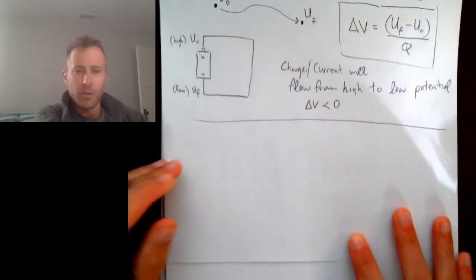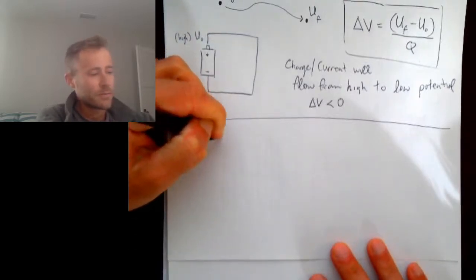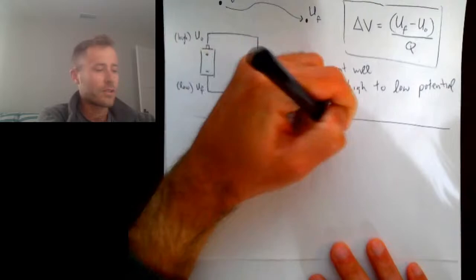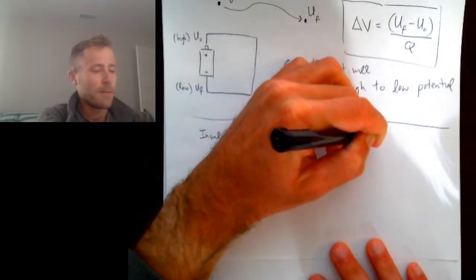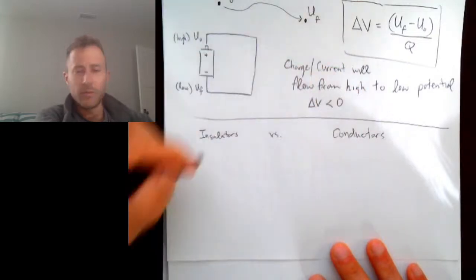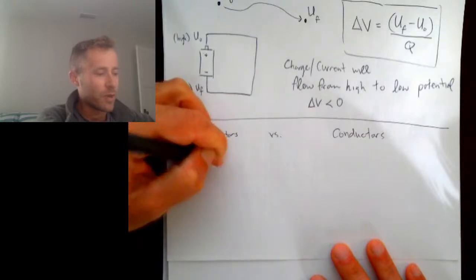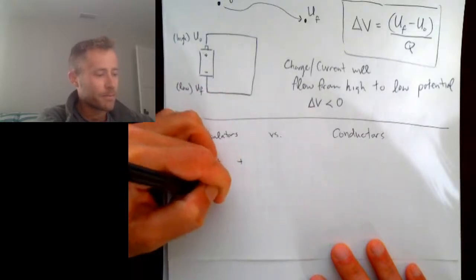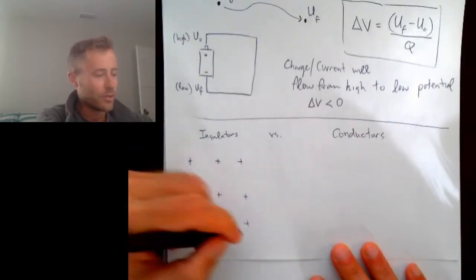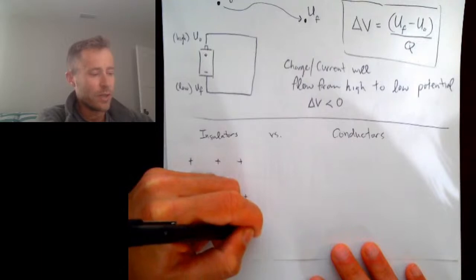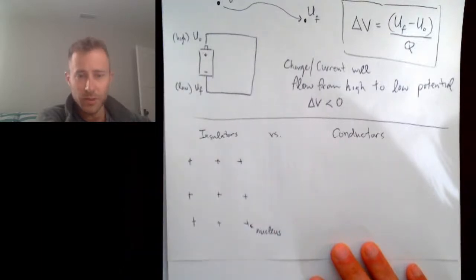So now we're going to have a quick interlude where I wanted to talk about insulators versus conductors. So if we think about any material, the atoms are in some regular pattern. So here are the atoms. These are supposed to represent nuclei. You guys know that the nucleus of an atom is positively charged.